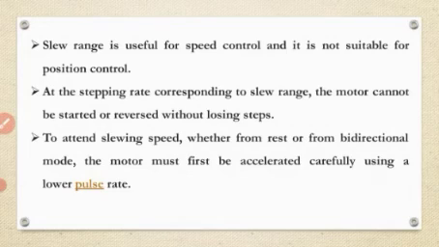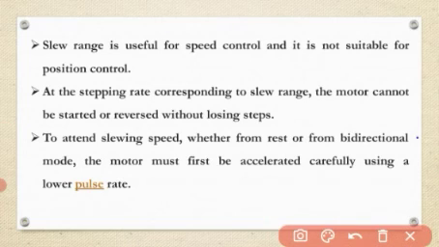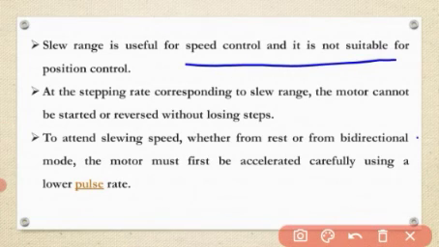Let us have a short discussion about the slew range. The slew range is useful for speed control and is not suitable for position control, as at the stepping rates corresponding to the slew range, the motor cannot be started or reversed without losing steps.